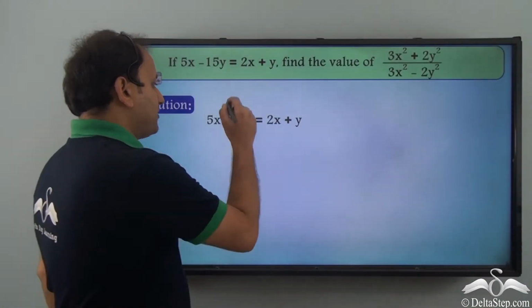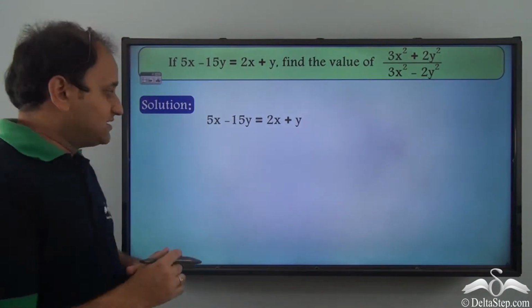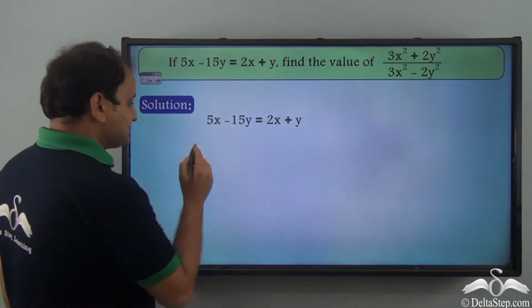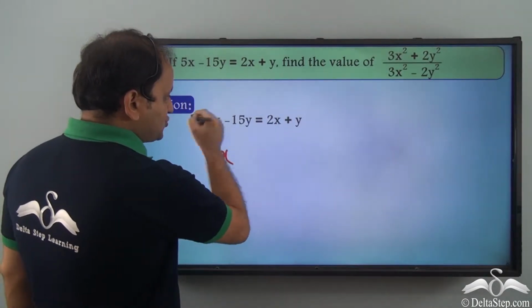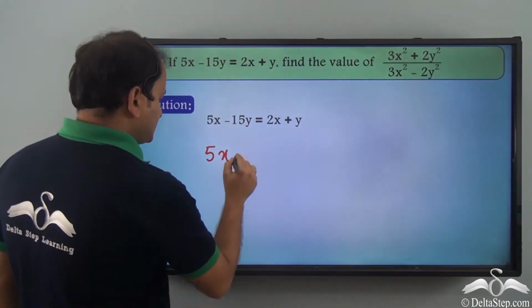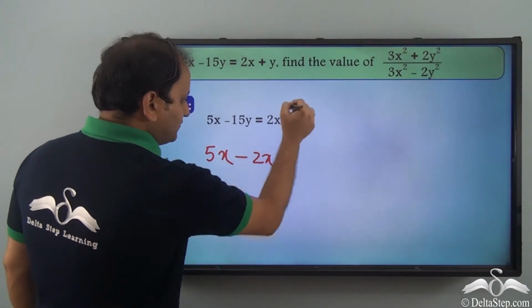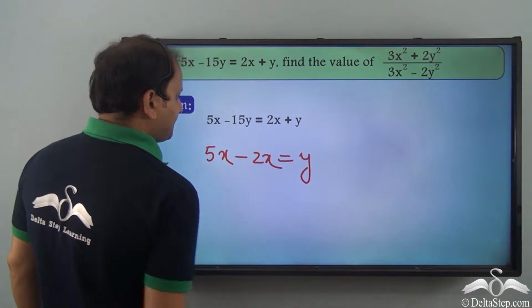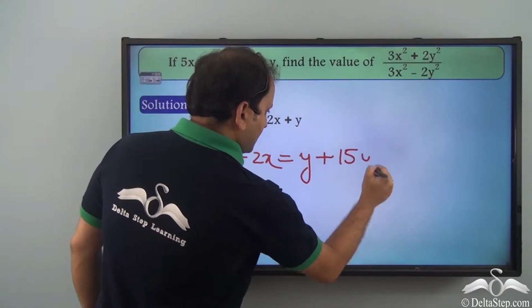Now we will bring y on one side and x on the other side. So we can write this as 5x minus 2x, since 2x comes on this side, so we have minus 2x. This is equal to, we have positive y plus 15y.